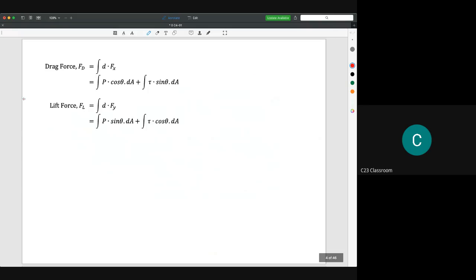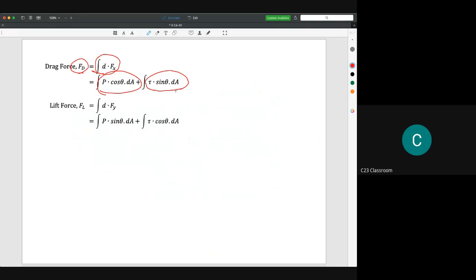And then, to calculate the lift force and drag force, we could use this equation. We have the drag force, which is the summation, meaning the integral process, the lump sum, of the force that comes from the pressure and also the force that comes from the shear stress.